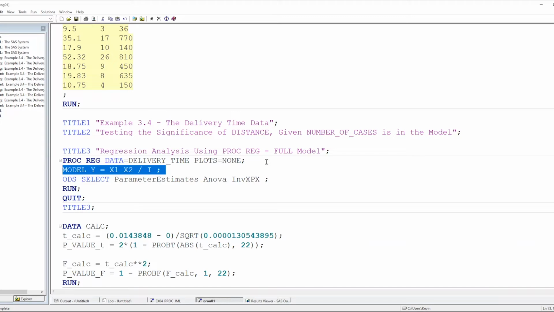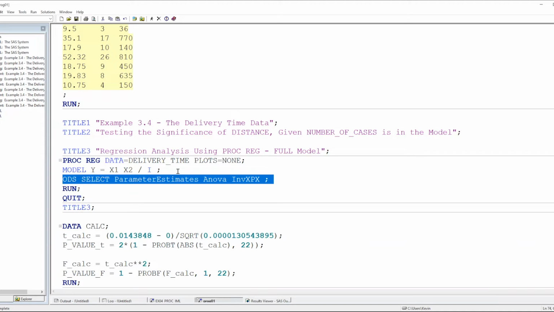Then in my model statement, I'm going to include the I option. What this does is display the inverse of the X prime X matrix in the output. I'm also going to suppress all of the printed output except that which we need, using the ODS select statement.